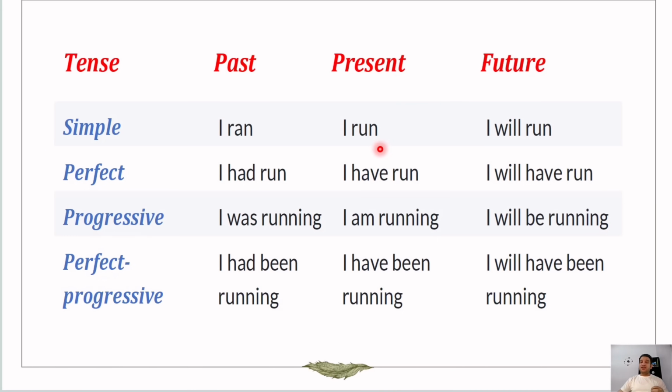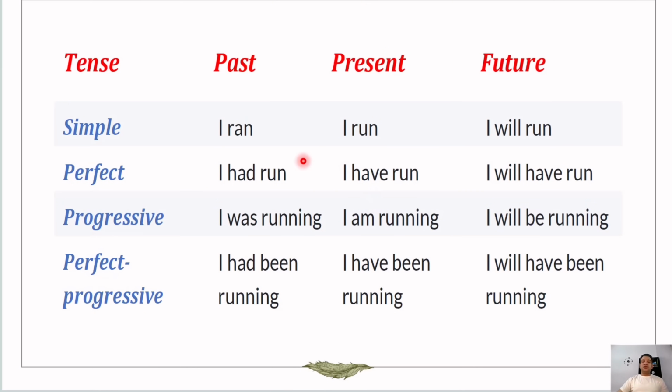And my friends, in some verbs we can add es or ies also according to the final letters in the verb. In a future simple, we say I will run. So the structure is the subject and then will and then the base form of the verb. So I will run, he will run, she will run, they will run, and so on.